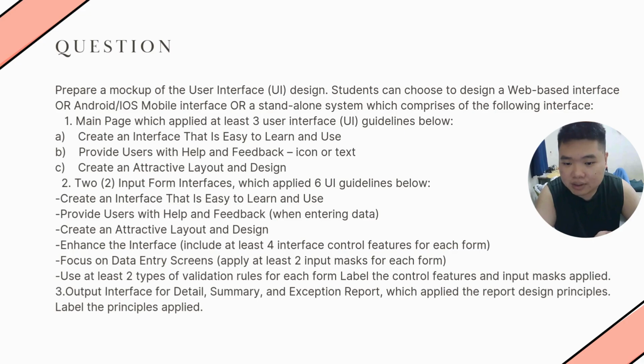Then focus on the data entry screen: apply at least 2 input masks for each form. And use at least 2 types of validation rule for each form label. The control features and input masks must be applied.